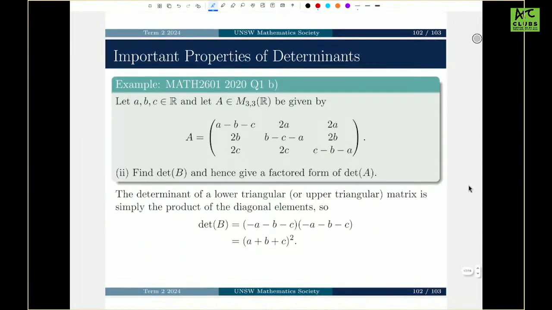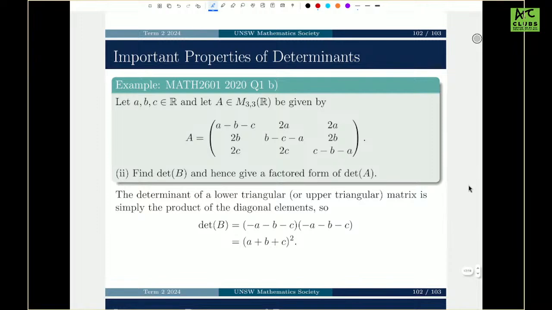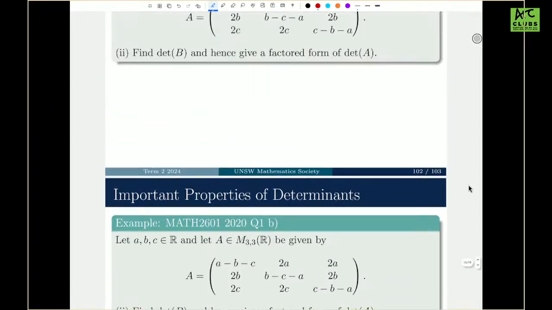So yeah, the determinant of B is just going to be A minus B minus C times A minus B minus C. So that's just like negative A plus B plus C times negative A plus B plus C. The negatives cancel, and we just get A plus B plus C squared. Now we want a factored form for the determinant of A. Well, how convenient.